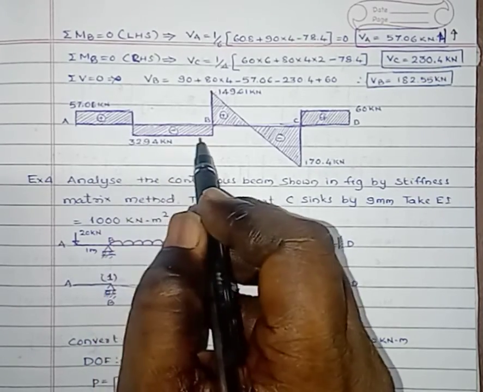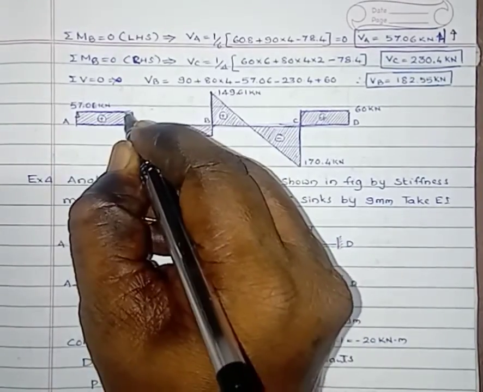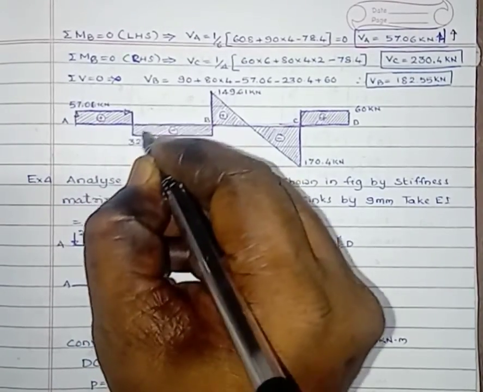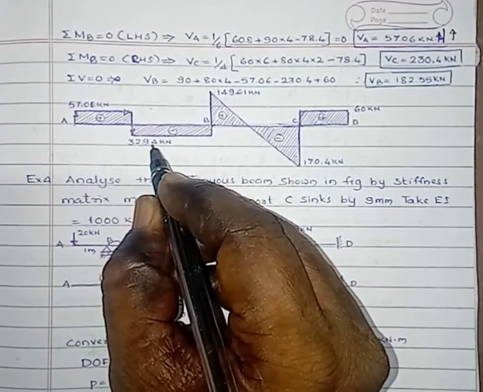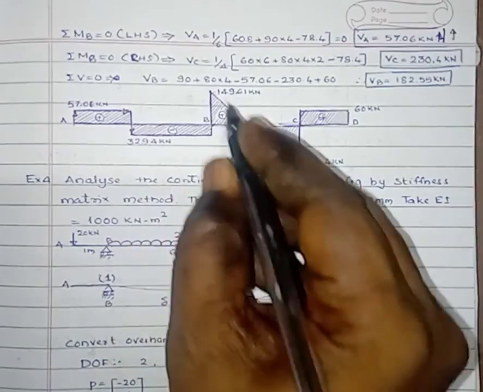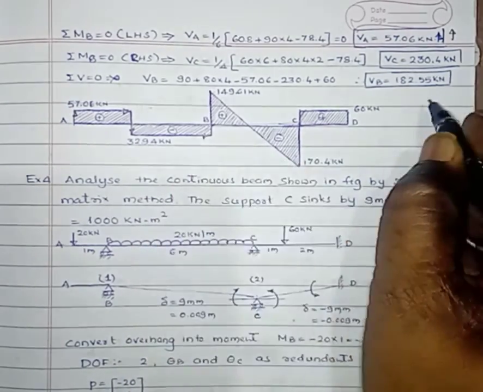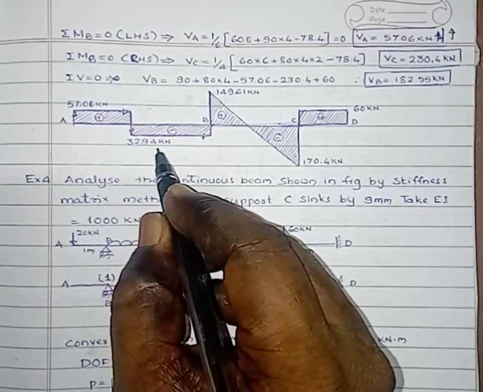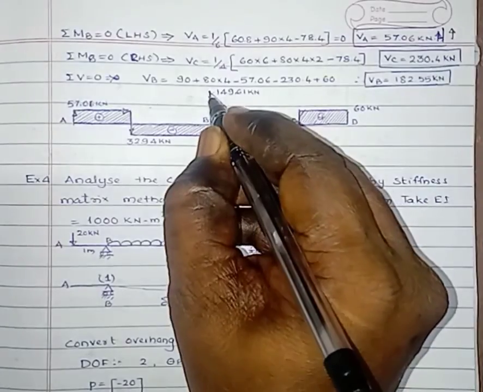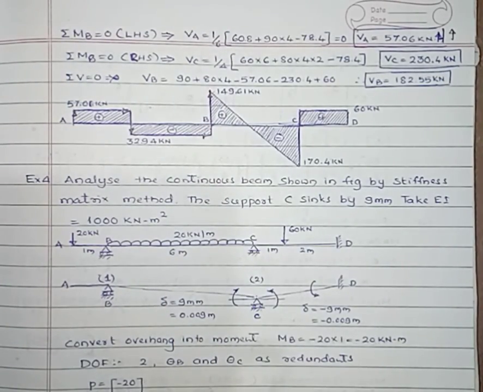From this point to this point, the shear force varies linearly. Then minus 32.94 plus the support reaction VB, 182.55, gives a shear force of plus 149.61.